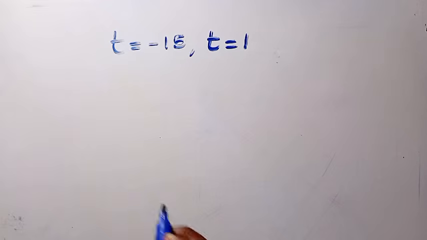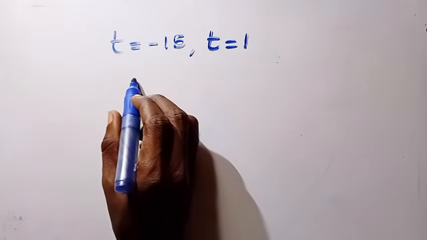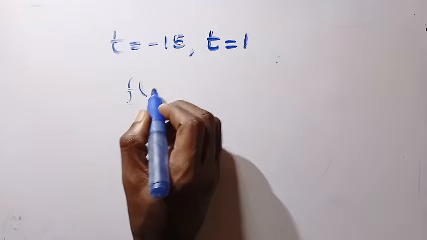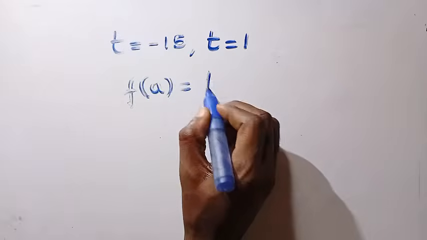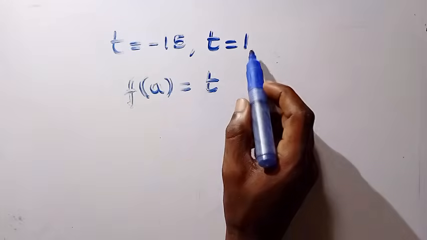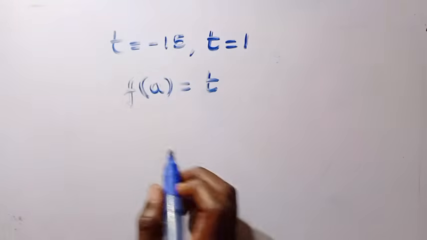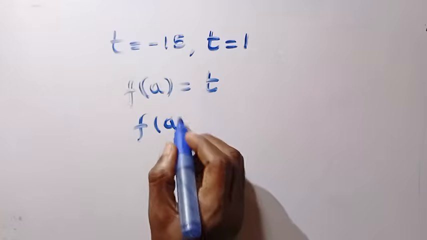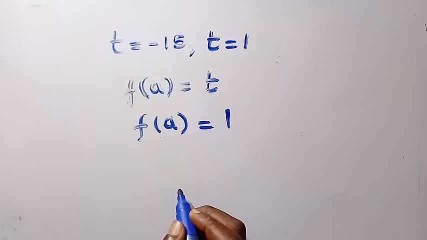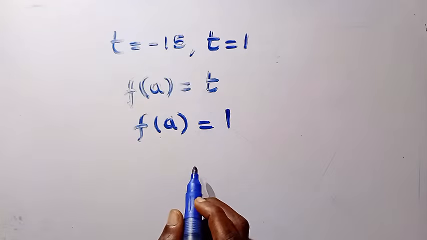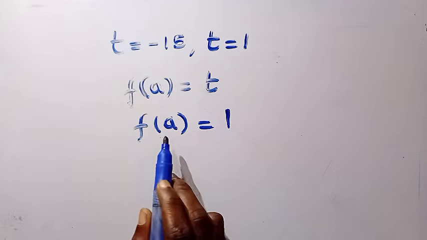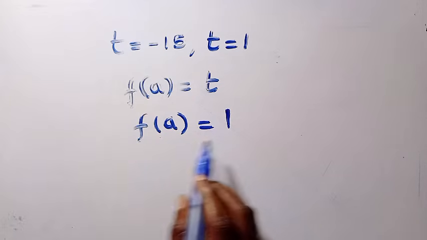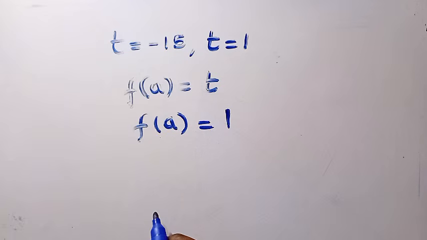Then let's recall from where we let f of a equals t. So if t equals 1, we are going to have f of a equals 1. But we should not forget that we are going to again solve for f of a equals 1.